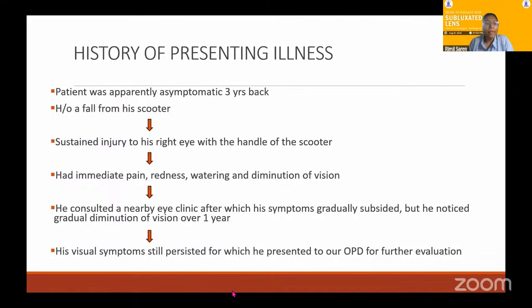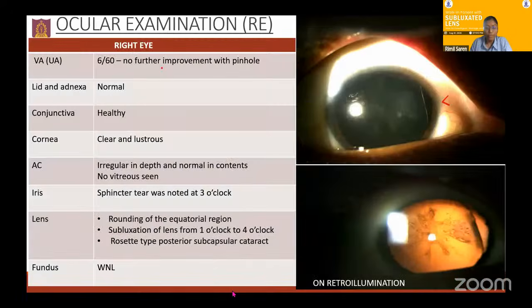He was apparently asymptomatic 3 years back when he had a history of fall from his scooter, after which he sustained injury to his right eye with the handle of the scooter, had immediate pain, redness, watering, and diminution of vision, for which he consulted a nearby eye clinic. After which his symptoms gradually subsided, but he noticed gradual diminution of vision over a year. His visual symptoms still persisted, for which he presented to our OPD for further evaluation.